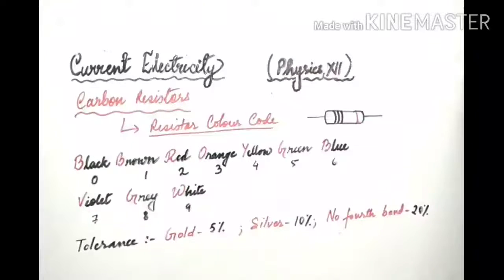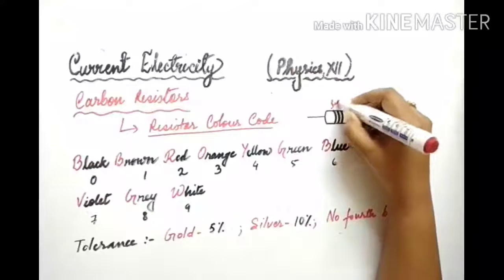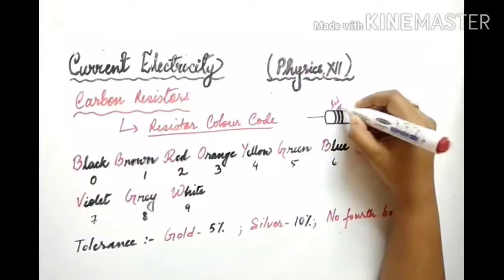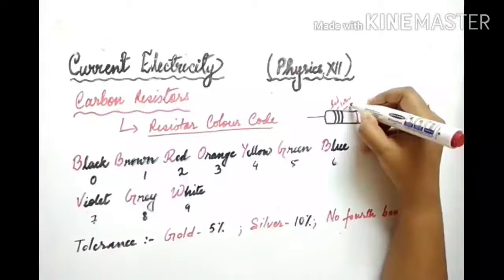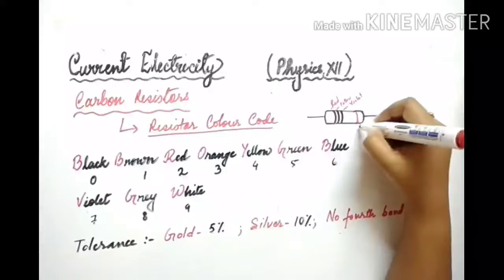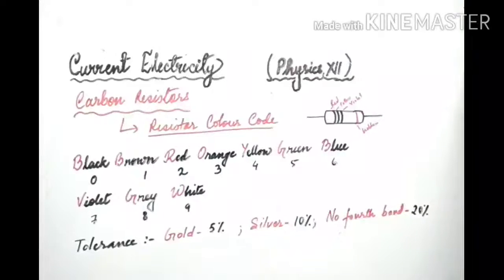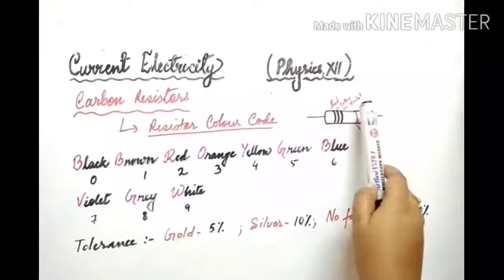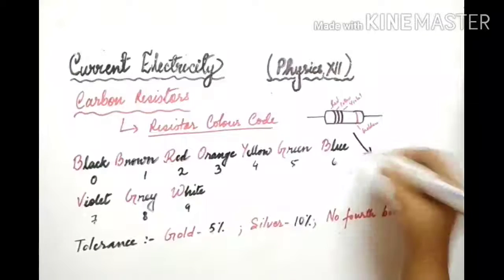So suppose here we have red, yellow and, suppose, violet, and the fourth band is golden color. Then how to calculate? So how will you calculate the resistance?